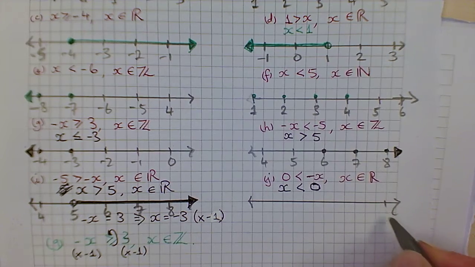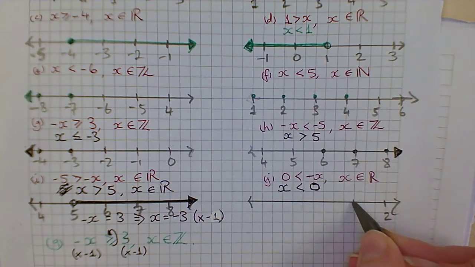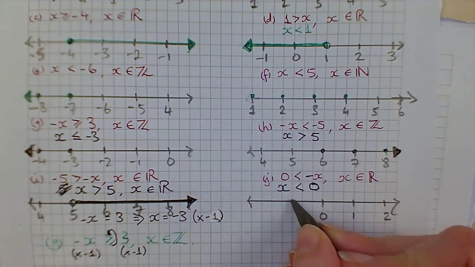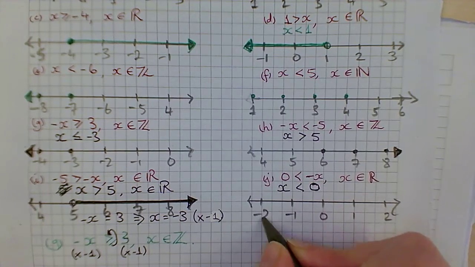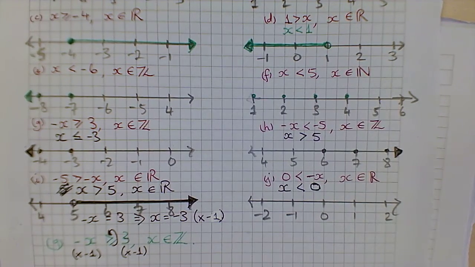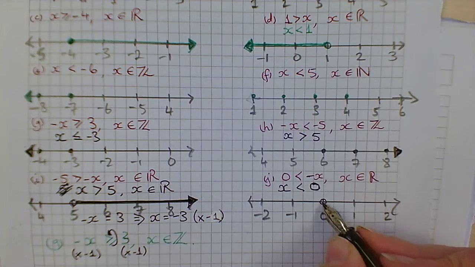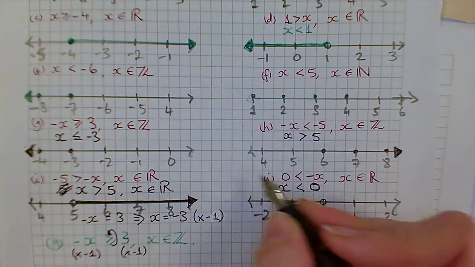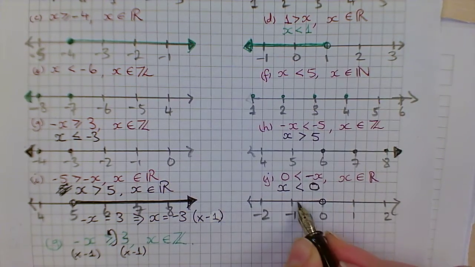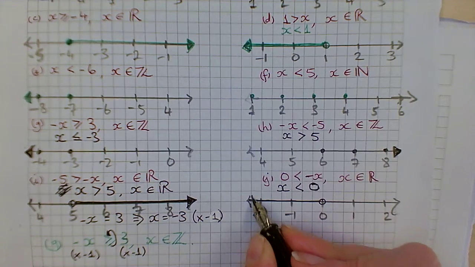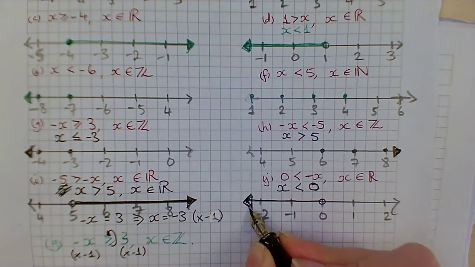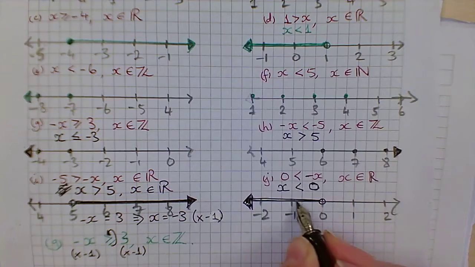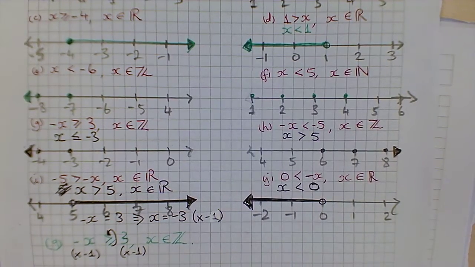So let's put in maybe 2, 1, 0, minus 1, minus 2. I can't ever actually be equal to 0, so I put an empty circle there, and I'm going in this direction. The number is smaller than 0. And I colour in my arrow to show that I'm going on forever in that direction.